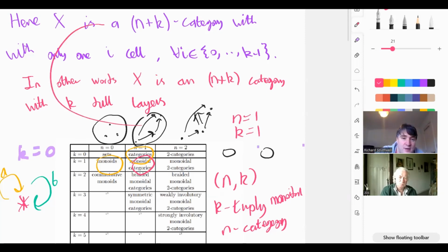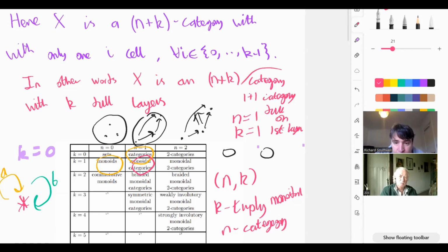If we read this definition, then what we should have is a 1 plus 1 category that's dull on the first layer. That's just reading this definition. So this is a 2 category that only has a single zero cell.